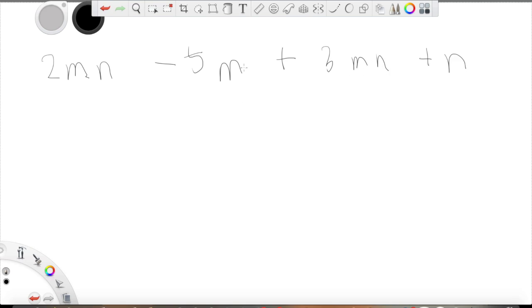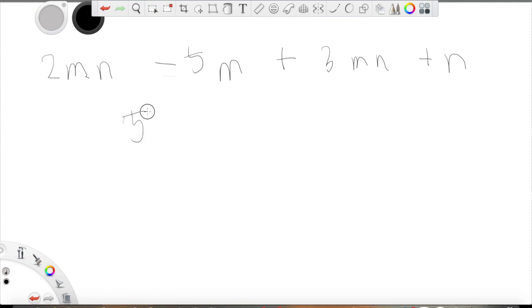What we do here is combine like terms. 2mn and 3mn are like terms. You cannot add 2mn to 5m because they are not the same; 5m doesn't have n. Similarly, 3mn cannot be added to n because it doesn't have m.